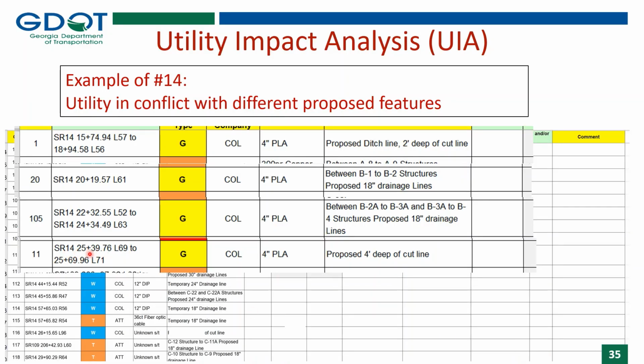Start station 25 plus 39, end station 25 plus 69, and the cut is a potential 4-foot deep cut for that cut line. This is based on the cross sections. And this is how this gas line, starting at station 15 all the way and ending at station 25, this is where all these conflicts are and how they will be displayed for this gas line.